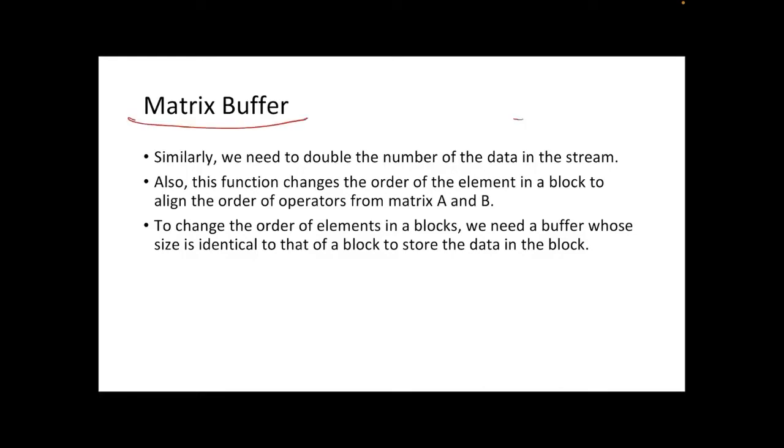Okay, so this is the matrix buffer, and this is the function for the matrix B. We also need to double the number of data of the string to meet the requirements of the matrix multiplication.